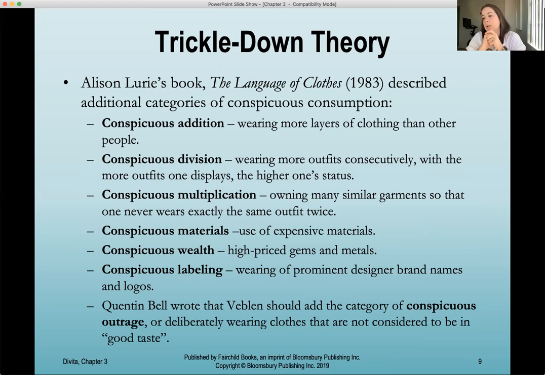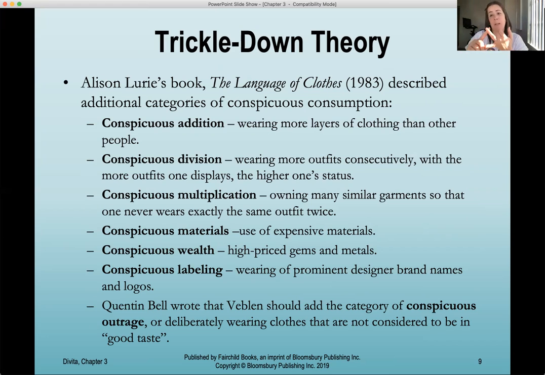The last one is that Quentin Bell wrote Veblen that he should add the category of conspicuous outrage. And this is really interesting. This is deliberately wearing clothes that are not considered to be in good taste, right? So the quickest example that comes to mind are those new Balenciaga tennis shoe heels, right? How many people are going to accept that trend for the price point, right?